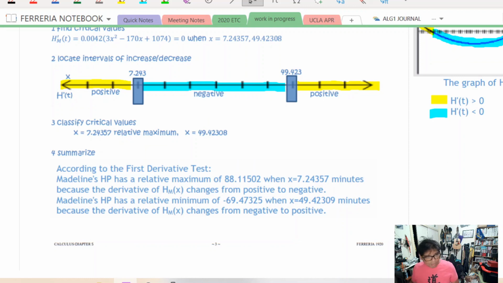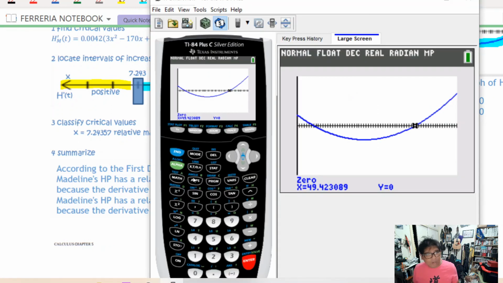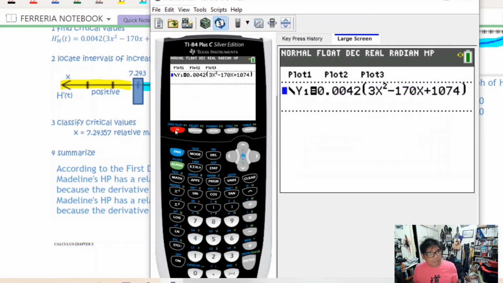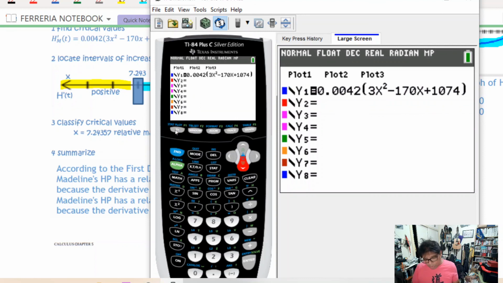How did I figure out that number? I used my calculator. So let's get back to our calculator here. We'll go to the y equals menu. And here in y2, I'm going to type in the function h.